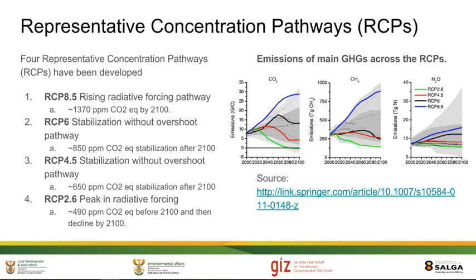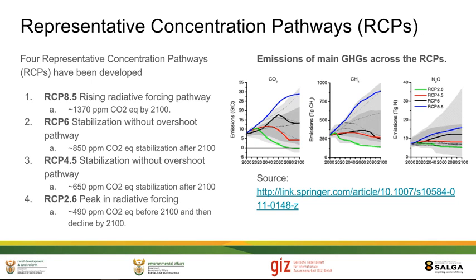The 4 scenarios are grouped according to the amount of carbon dioxide equivalent that are predicted to be in the atmosphere by year 2100, measured in parts per million, or ppm. Bear in mind that the global concentration of carbon dioxide equivalent was less than 300 ppm before the Industrial Revolution, and we have recently passed the 400 ppm mark. The graphs on the right of the slide show emissions of the main greenhouse gases across the different RCPs.